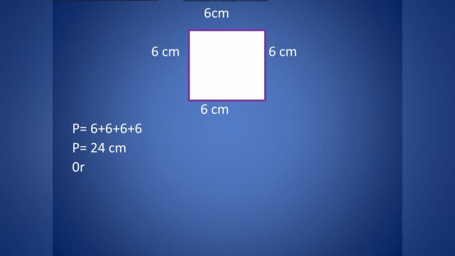And the equation will be P is equal to 4 times A. 4 is the 4 sides, 4 equal sides, and A is any of the length. So P is equal to 4 times 6, and 4 times 6 is equal to 24, and it is 24 centimeters.